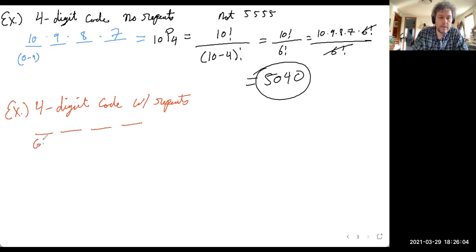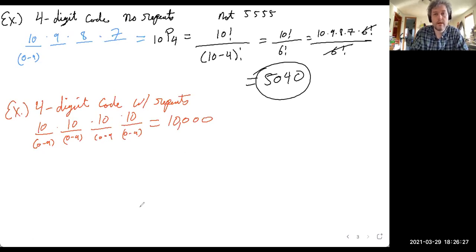So I have 0 through 9, 0 through 9, 0 through 9, 0 through 9. There are repeats, so 10 times 10 times 10 times 10. I'm not going to use the permutation principle. We have 10,000 codes, just like we had Wednesday night, right?